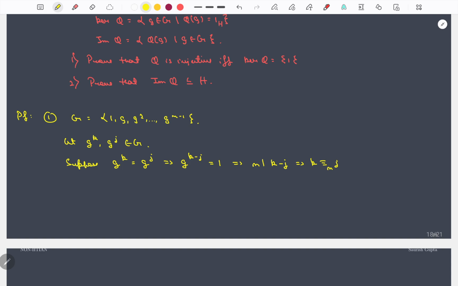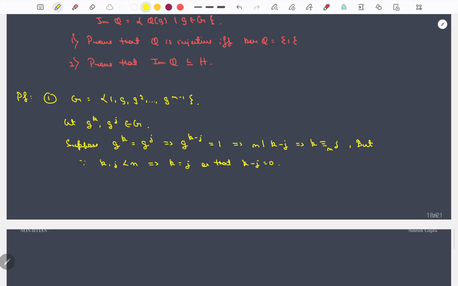But since k and j are both less than n, that essentially implies that k must be equal to j, or that k minus j is 0. So we have proved that the order of G must be exactly equal to n.